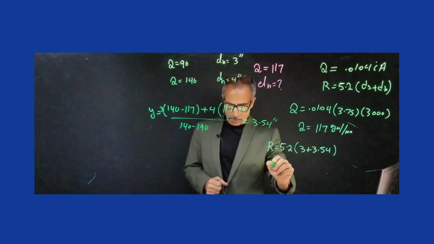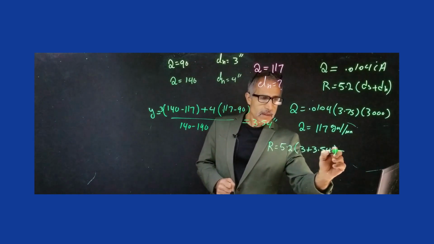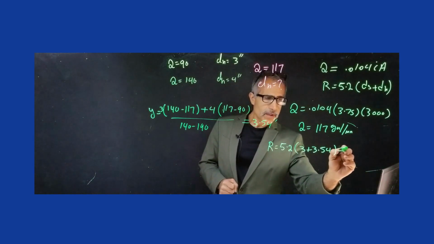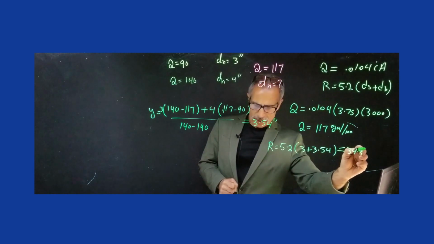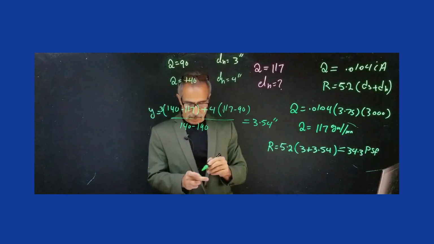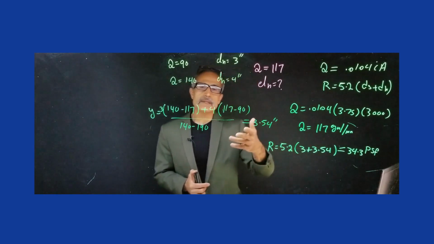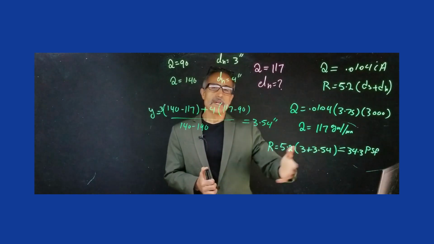So our R comes out to close to 34.3 pounds per square foot.